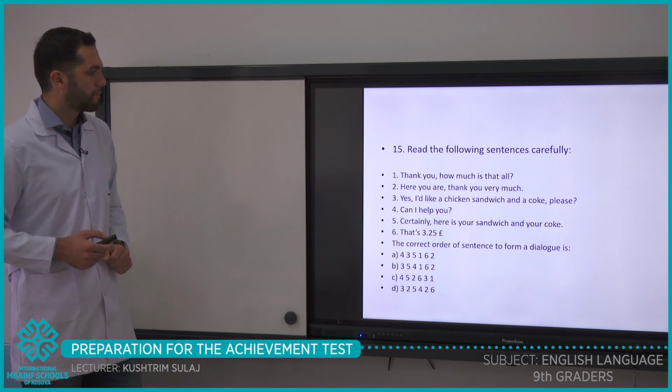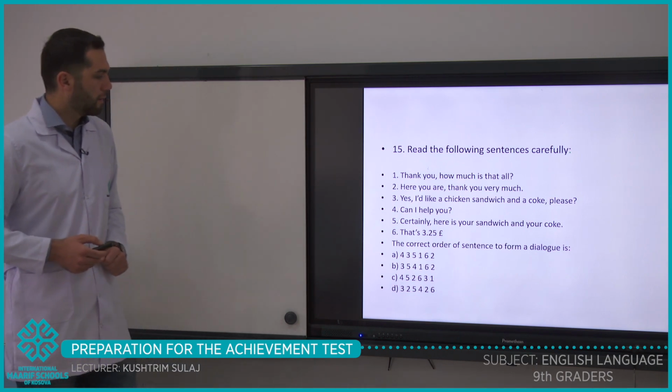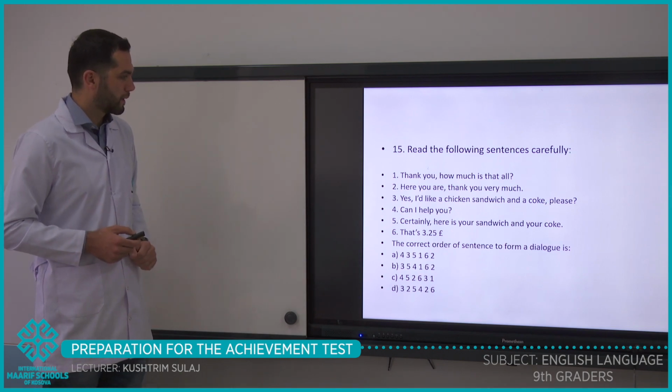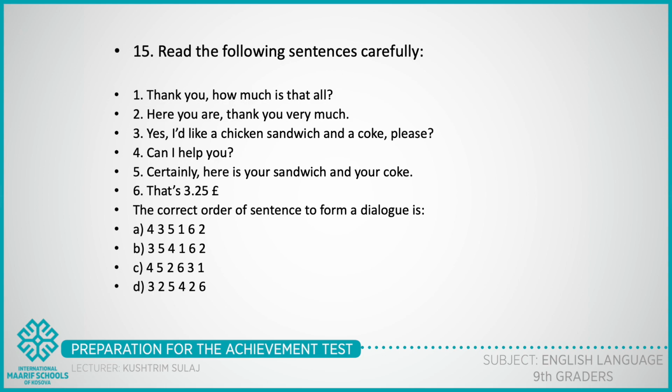Number 15, again, we have to put the dialogue in the right order. First one, it says, thank you, how much is that all? Second, here you are, thank you very much. Third, yes, I'd like a chicken sandwich and a Coke, please.